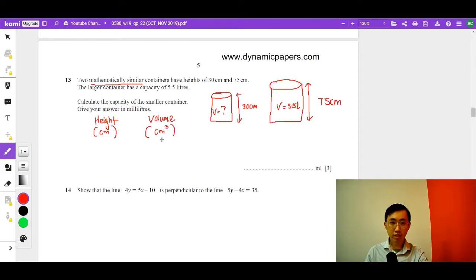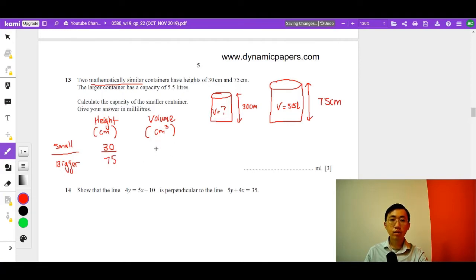There must be a reason why I write like this. Just stay patient. Height, let's write the smaller height over the bigger height. So they can see smaller height divided by the bigger height. Let's start. 30 over 75.